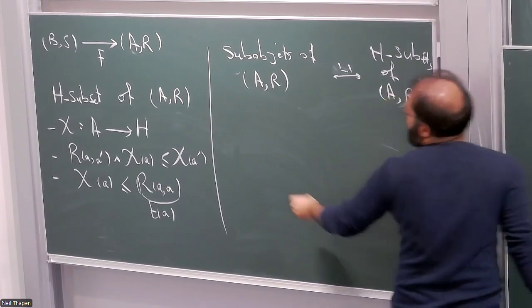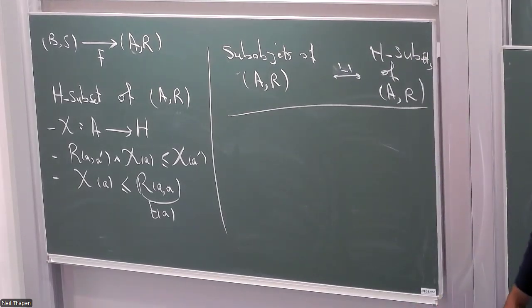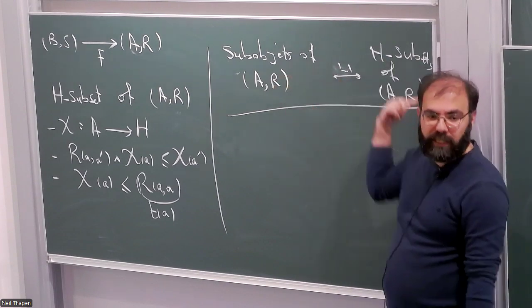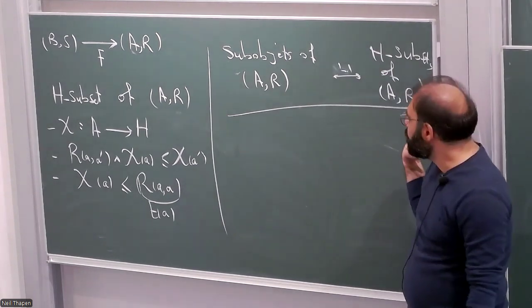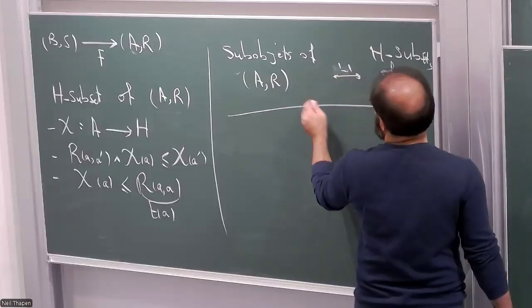I won't prove it because it is just something tedious to check, but maybe it's good to see the maps between them, how to transform one to the other and back. So one is easy.